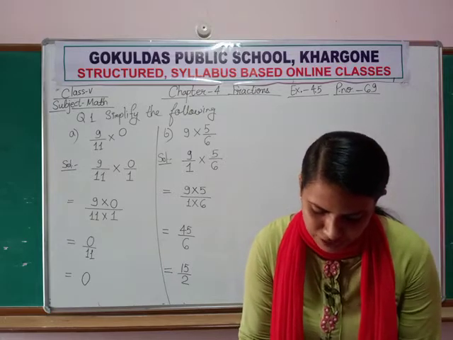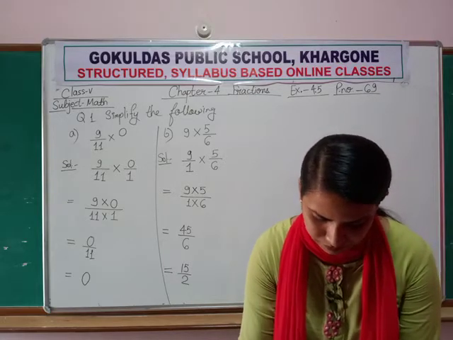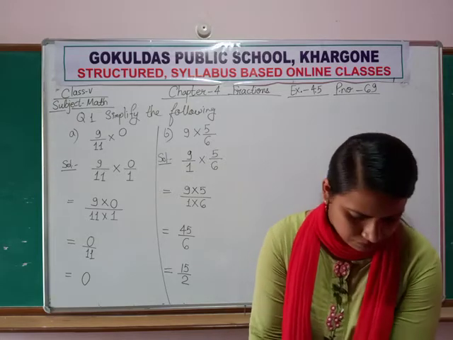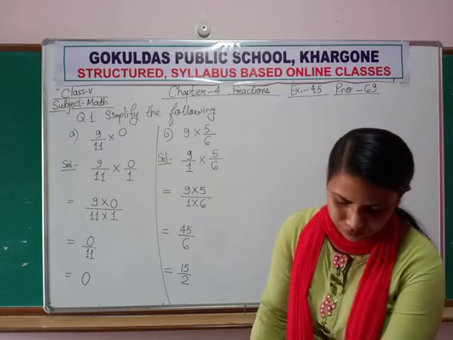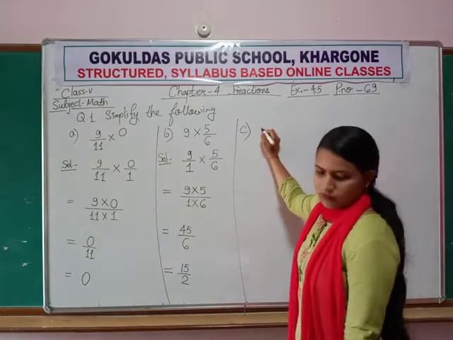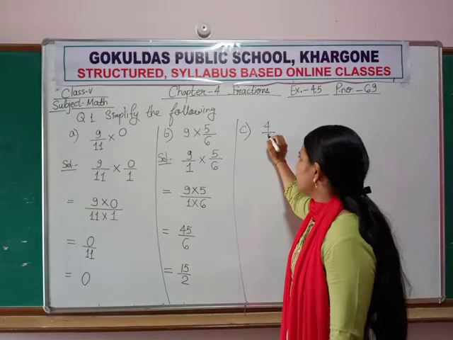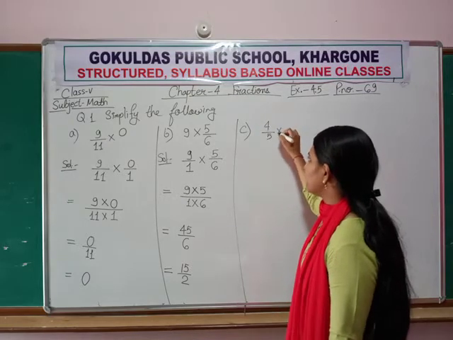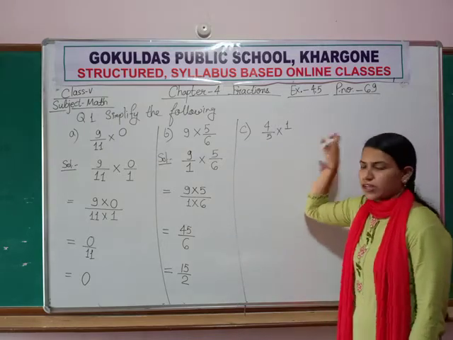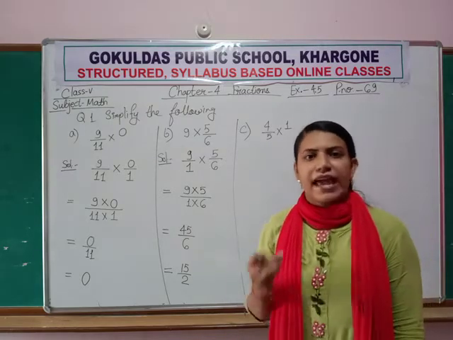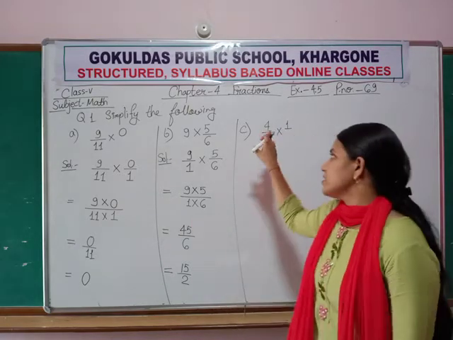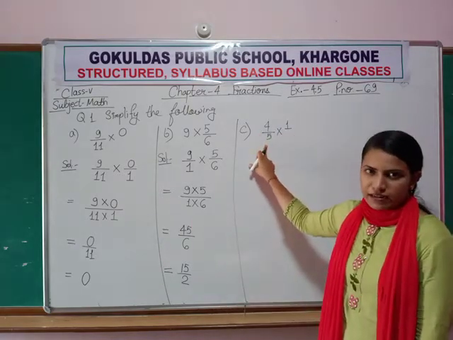Now let us do the next one. That is part C. In part C, the fraction is 4 upon 5 multiplied by 1. You know that any fraction multiplied by 1 will give you the same number as result.